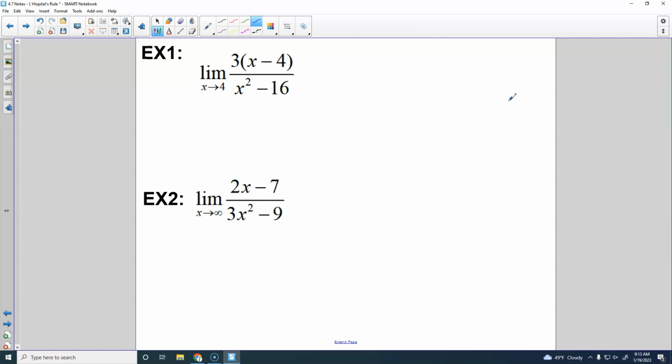If they are free response questions, you have to give certain pieces of information in order to use Lipital's rule. Because one of the big things that they really want to focus on is making sure that you know when you're using theorems or rules that it actually applies to the situation. So the condition that you have to be sure of is that it has to give you 0 over 0.